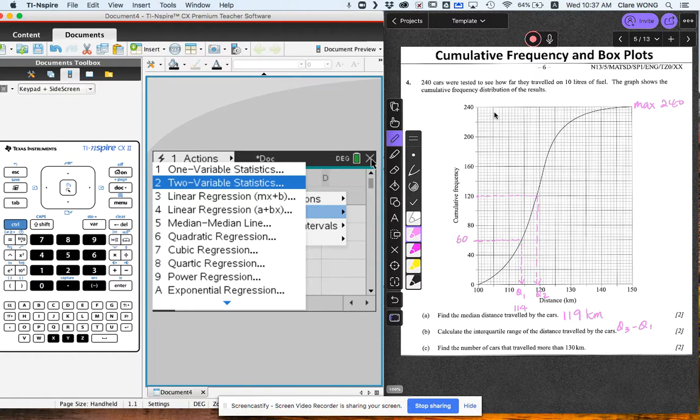Go to here, which is 180. Do the same. 123, Q3, 123. So you have to do 123 take away 114, which gives us 9.